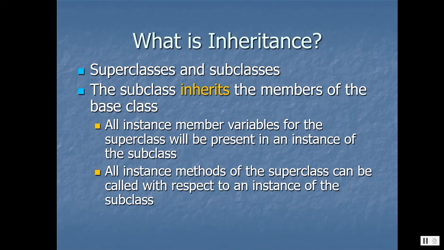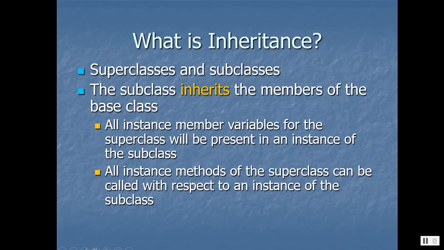So what that implies is that an instance of the subclass, memory-wise, size-wise, is going to be at least as big as an instance of the superclass, because not only does it have its own members, but it's also going to have the member variables that were inherited from above.